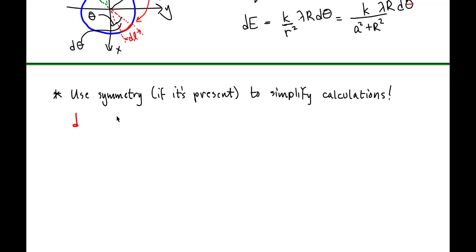Now we have the z component of the electric field due to our charge element is equal to the magnitude of the electric field of our charge element times the sine of the angle theta from trigonometry. We know from earlier that the electric field due to that representative point charge is k lambda r over r squared.